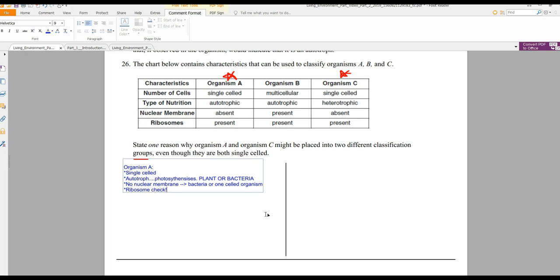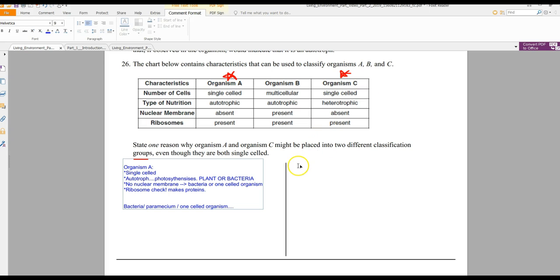Ribosome check. So it makes proteins. Okay, this organism A is definitely a bacteria or a paramecium or just a one-celled organism, because it's missing organelles. Plant cells have organelles. It has the nucleus, endoplasmic reticulum, chloroplast, mitochondria, vacuole.